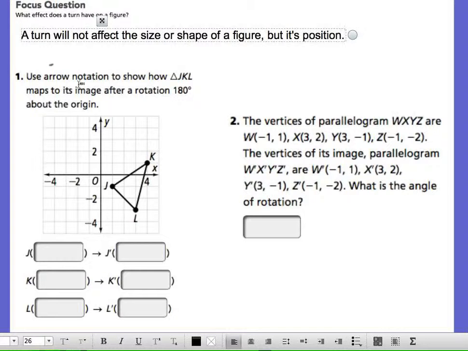Using arrow notation, we will show how triangle JKL maps to its image after rotation 180 degrees about the point of origin. So remember, with the 180 degree rotation, it will stay the same as far as x and y. So J is at (1, -1).